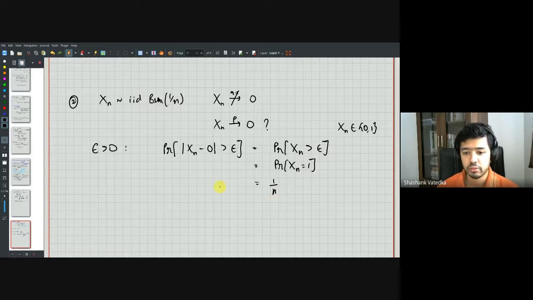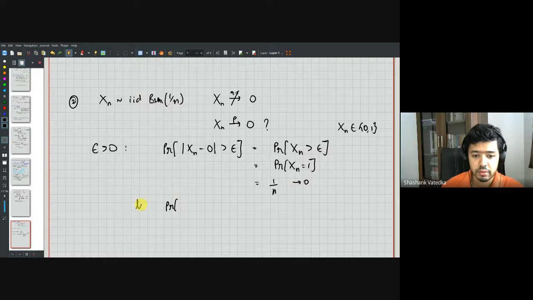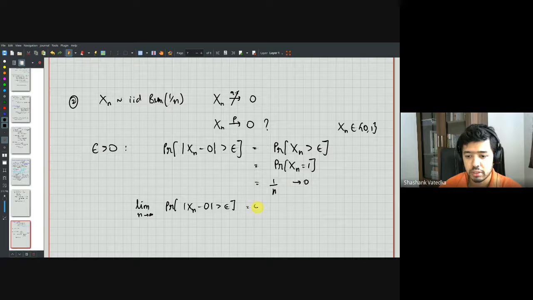But as n tends to infinity, this tends to 0. So the limit as n tends to infinity of the probability that |Xn minus 0| is greater than epsilon is equal to 0. Therefore, Xn converges in probability to the number 0.